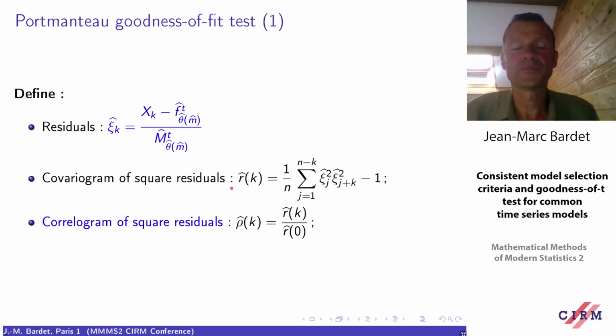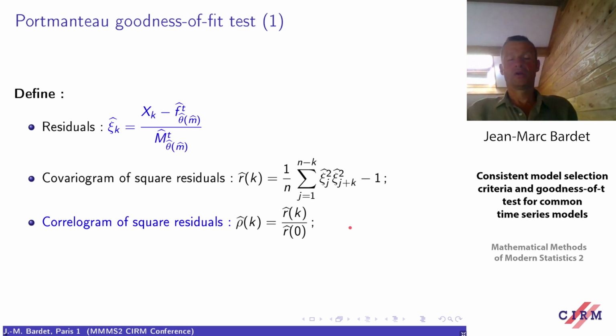So for this, we consider the covariogram of the square residuals, and it will be more interesting to consider the correlogram of the square residuals, which is the ratio between the covariogram for lag k and for lag 0.